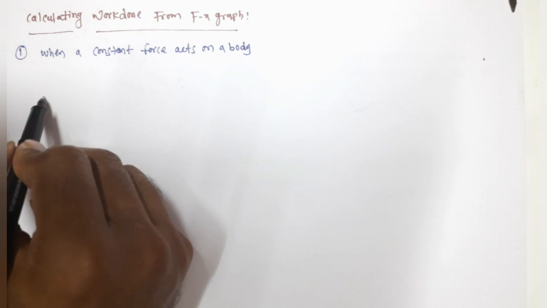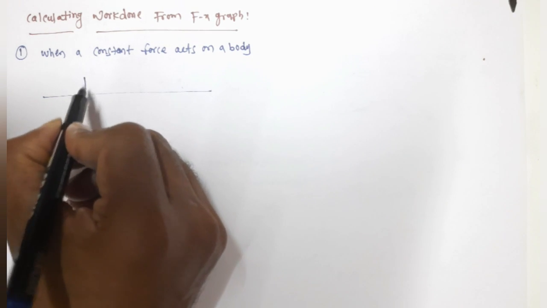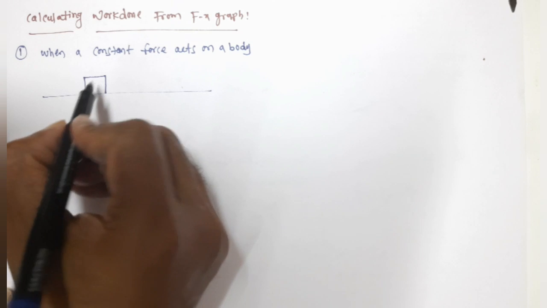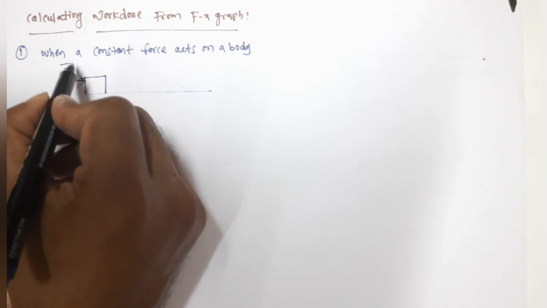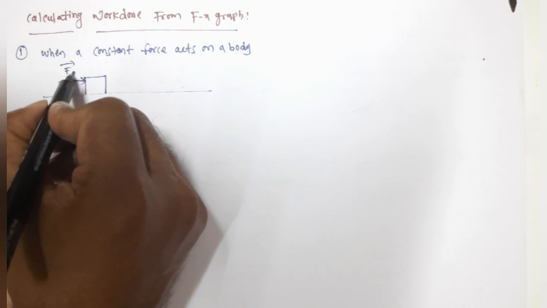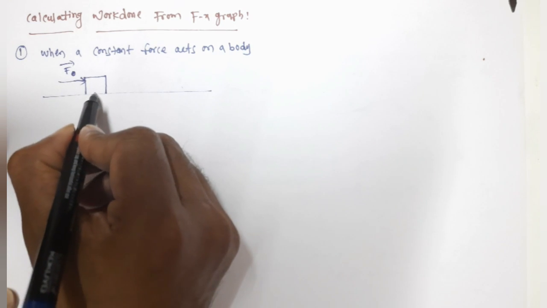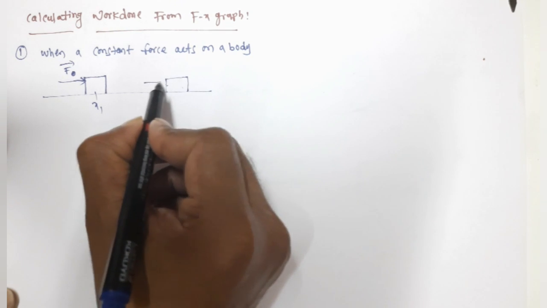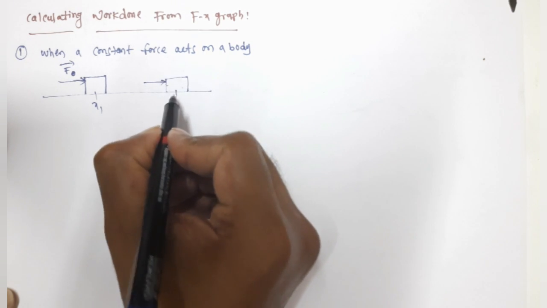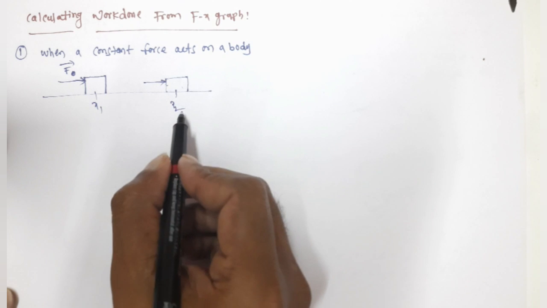So consider a simple case. Here we have a body, and we are exerting a constant force, say F. Let's say this is the initial position x1, and we are moving the body by applying a constant force from x1 to x2.